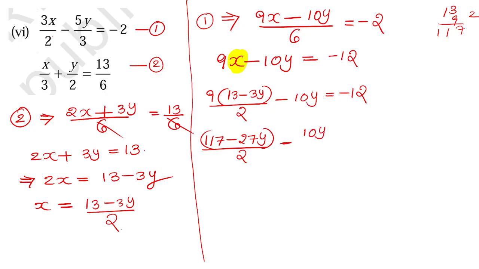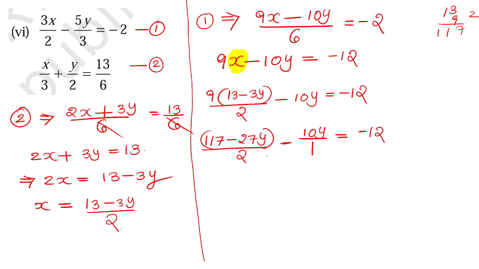Is there any mistake if I write 10y as 10y by 1? No problem, because I want this cross multiplication. For subtraction or addition of fractions, I prefer cross multiplication. So only 10y is there, 10y is 10y by 1. Okay, so no confusion.